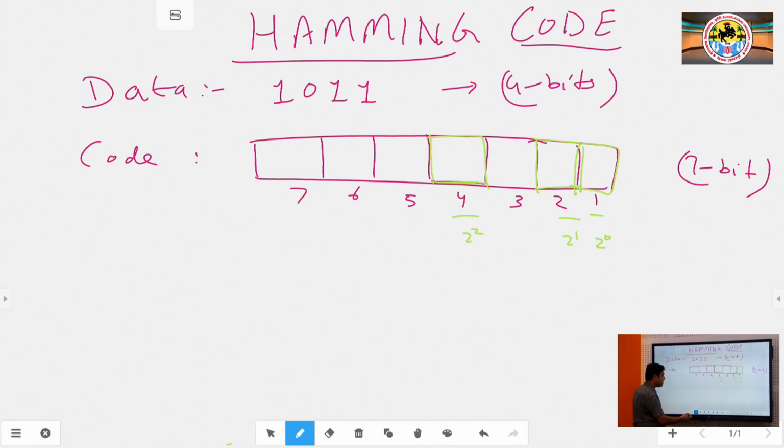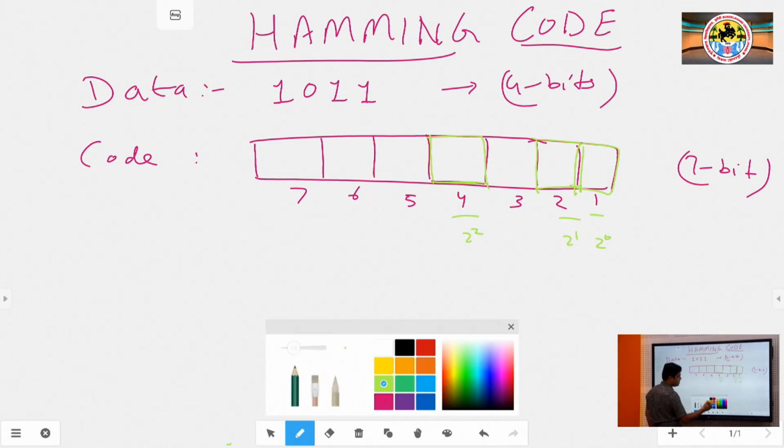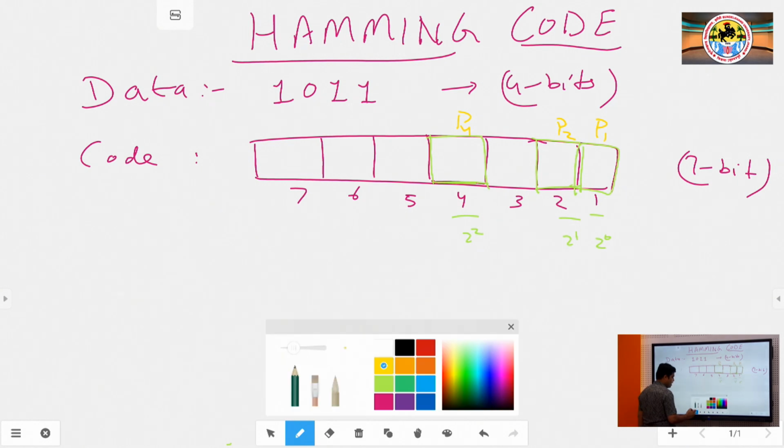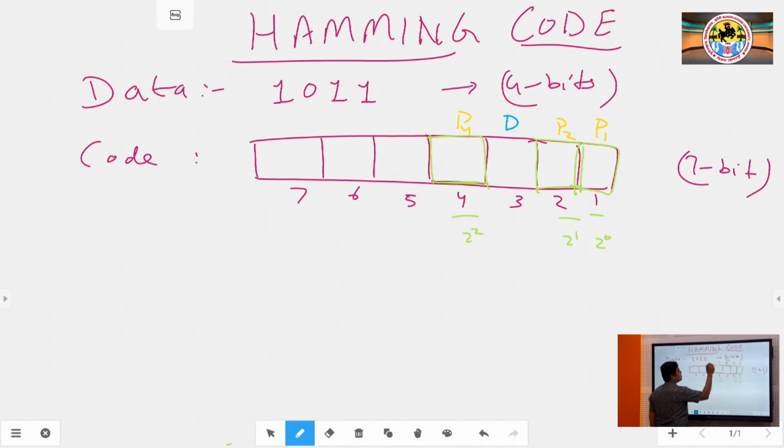Let us name data and parity bits: parity bits are P1, P2, P4, while our data bits are D, D, D, D.